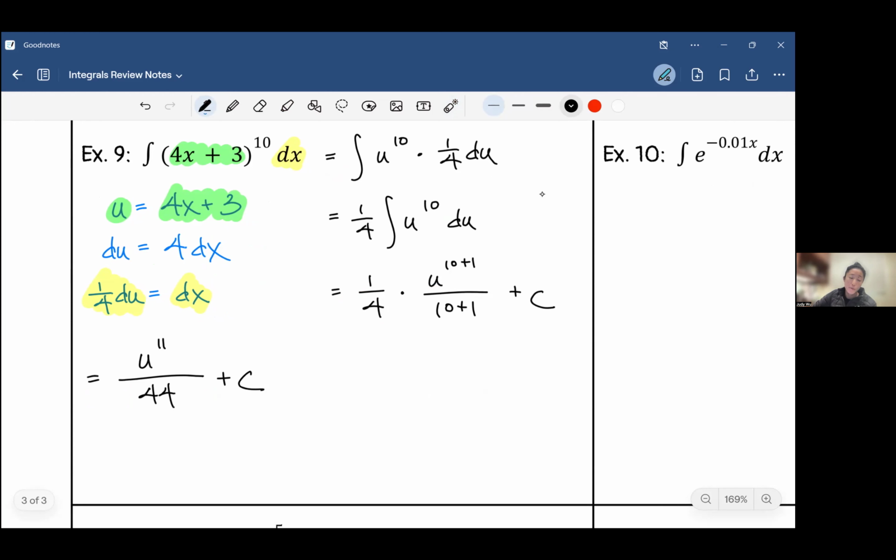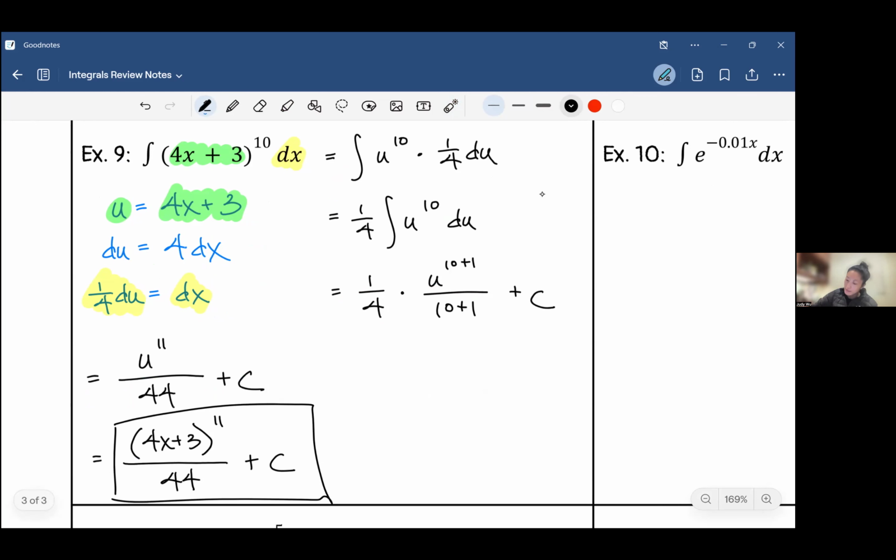And we just got to put back in whatever our u was. So we'll end up with 4x plus 3 to the 11th power over 44 plus c as our integral. Okay.